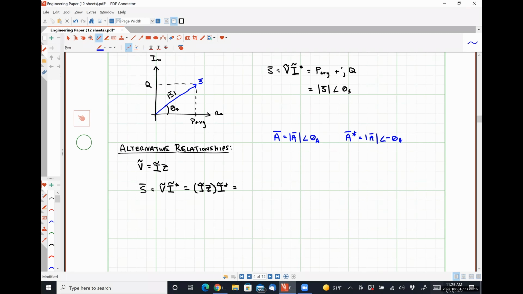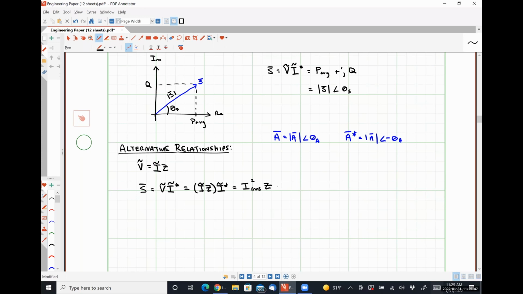If I multiply those two quantities together, I get the magnitude squared. So when I multiply RMS phasor current I times its complex conjugate, I get the magnitude of my RMS phasor current squared, which I'm just going to call I RMS squared, times Z.